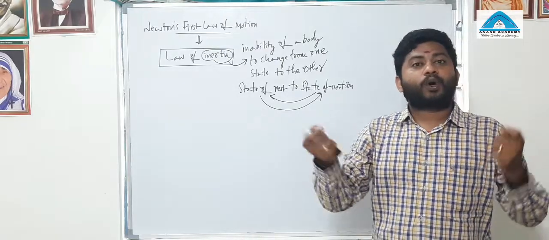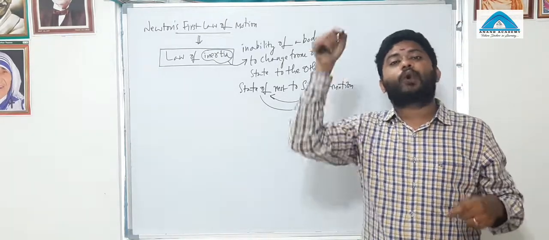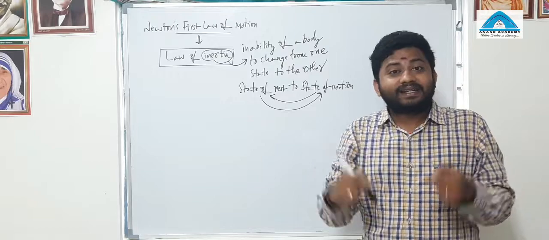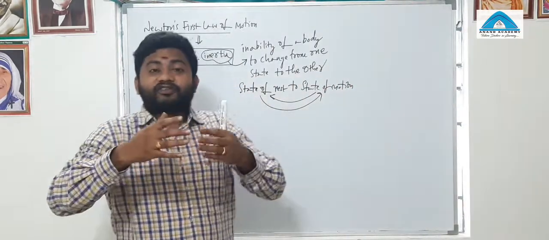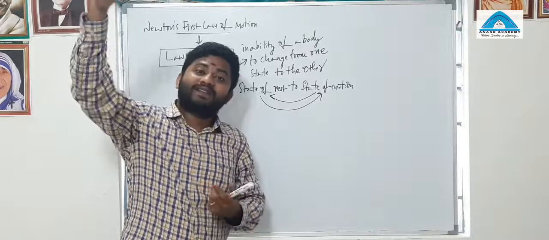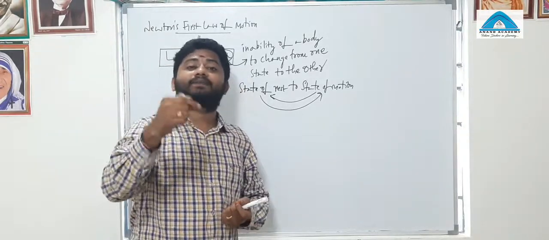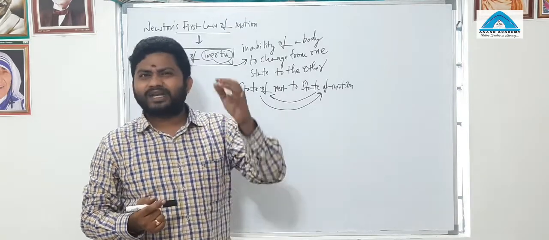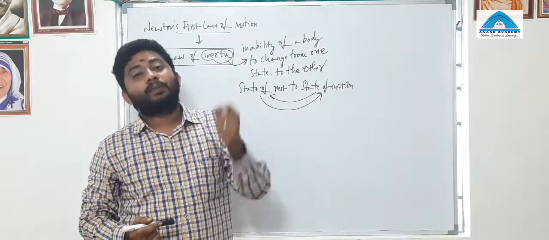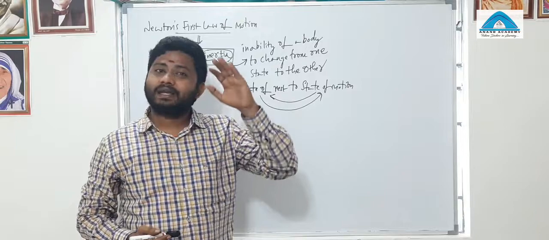Each and every body in nature will have its own inertia, and that inertia depends on the mass of the body. If the mass of the body is more, the inertia present in that body also will be more. If the mass of the body is less, the inertia present in that body will be less.